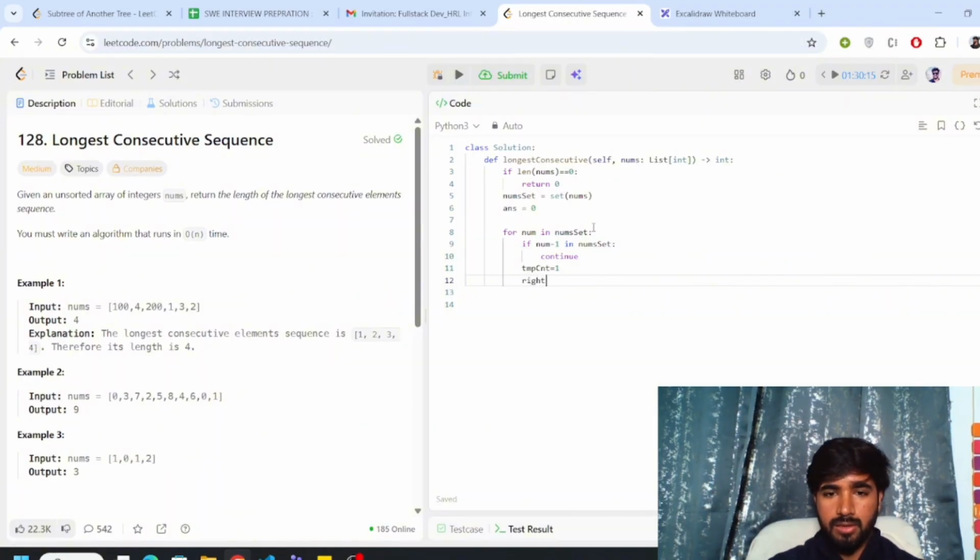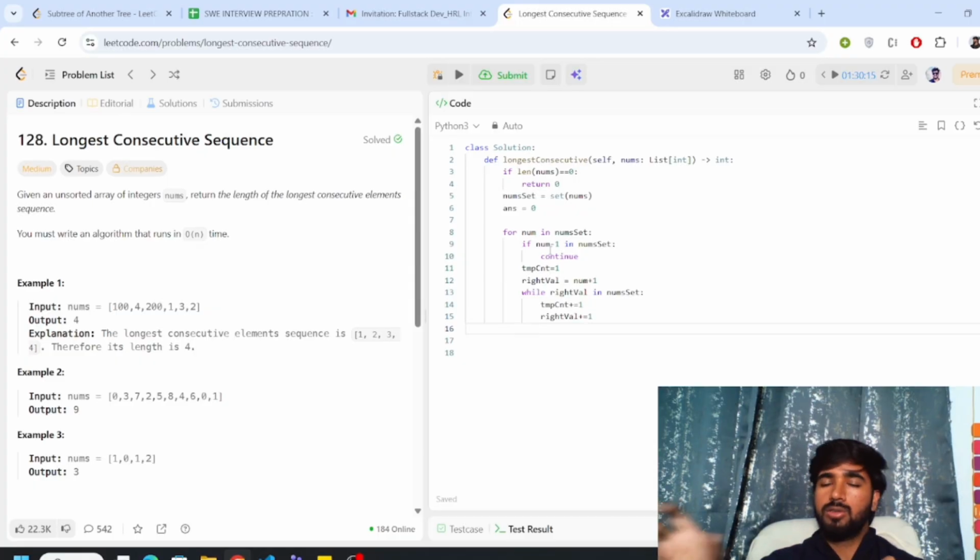And we can say right value is equal to num plus 1, and while right value is in nums set, we will keep incrementing temp count by 1, and right value by 1, because we check okay 1 exists, good, 2 exists, good, 3 exists, good, 4 exists, good. We will keep going as long as the set keeps finding them, and we will also increase the count because we need to return the length.